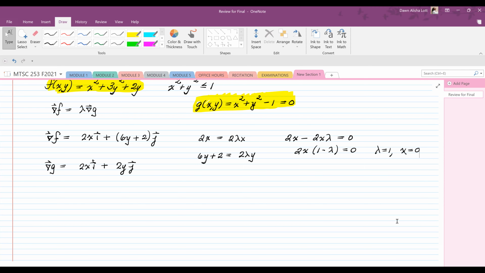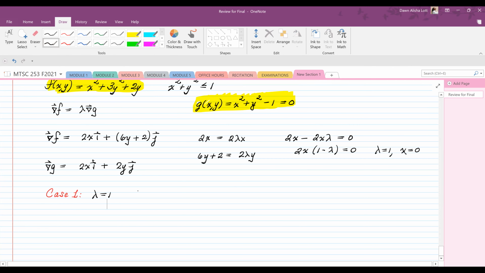Sometimes you'll solve for x, sometimes you'll solve for lambda. So you have two cases. Case one, lambda is equal to 1.